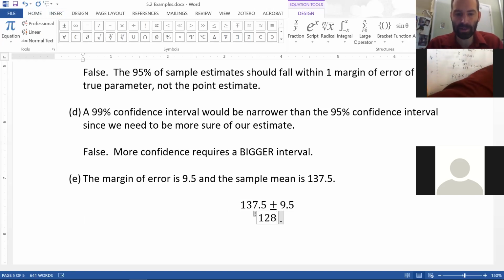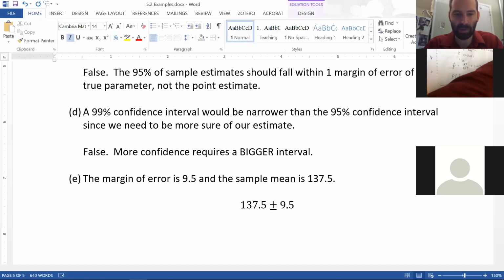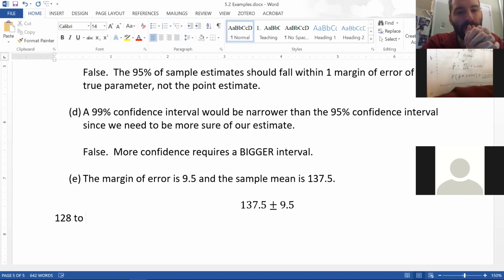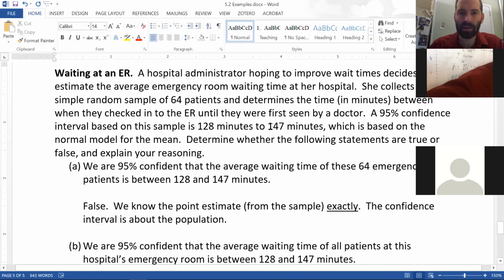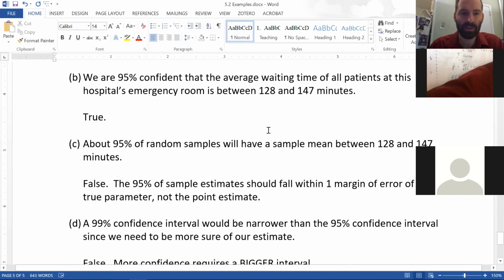If I add 9.5, I get 147, right? Is that the interval that we're dealing with here? Yeah, 128 to 147.